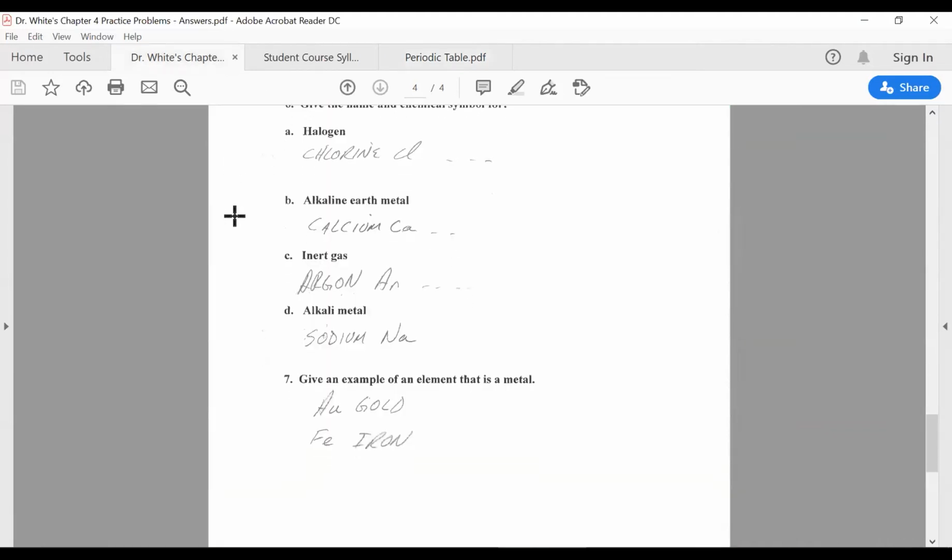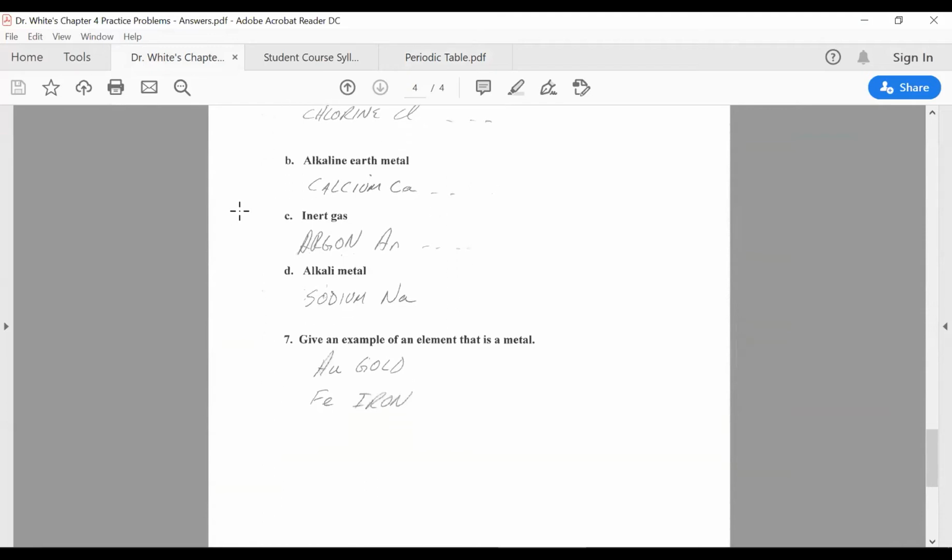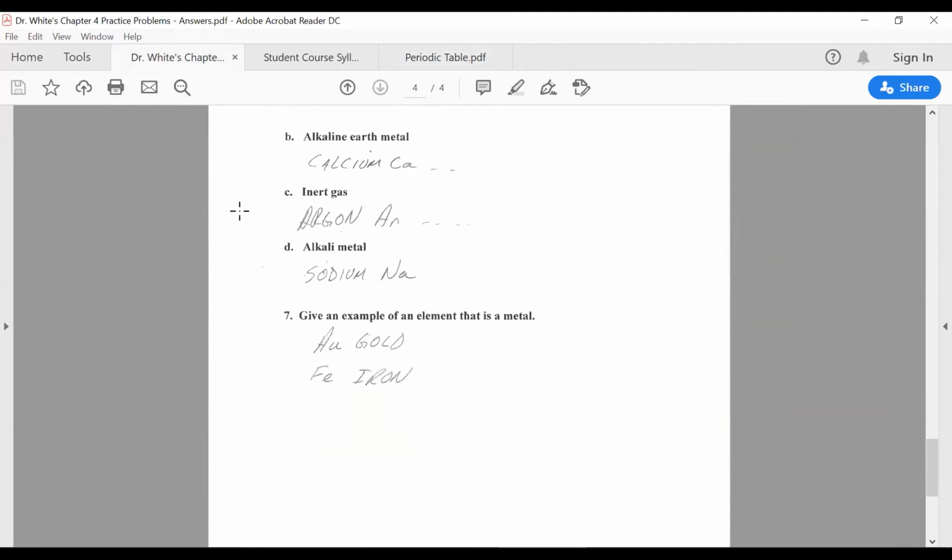And the last one, give an example of an element that's a metal: gold, silver, iron, lead. Those are all examples. Platinum, palladium, you could have put down.